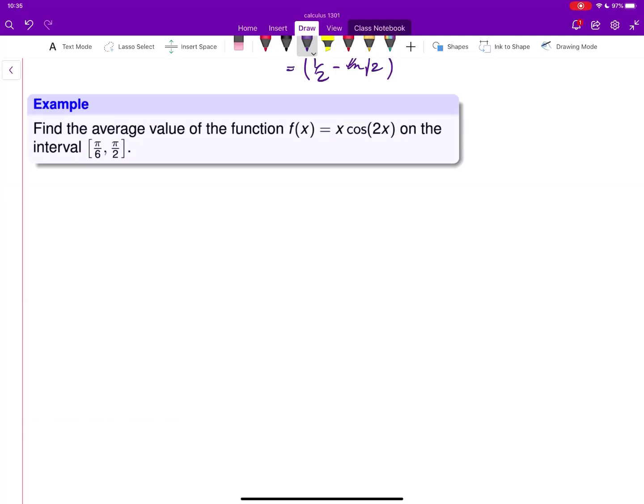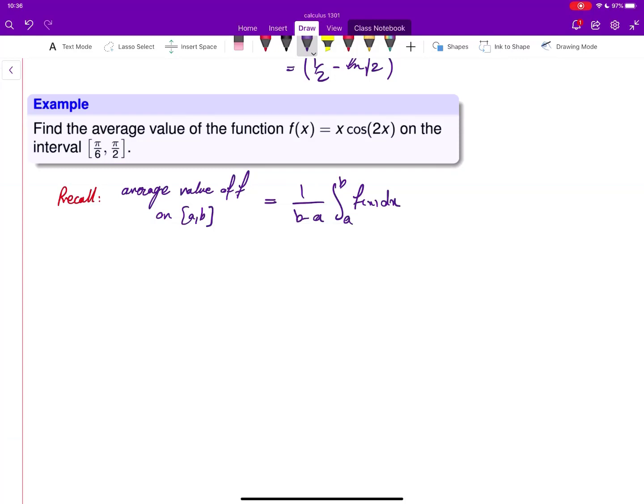So first thing to recall is that the average value of an integrable function f on interval [a, b] is this number: 1 over the length of the interval, times the integral of the function on the interval.